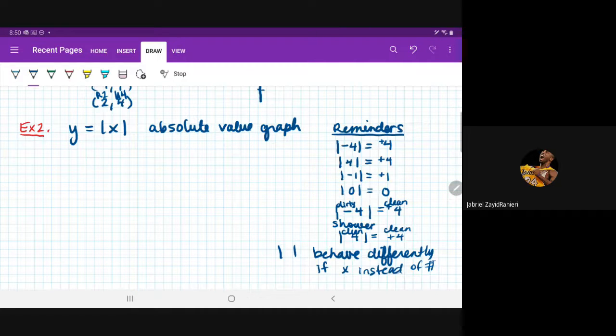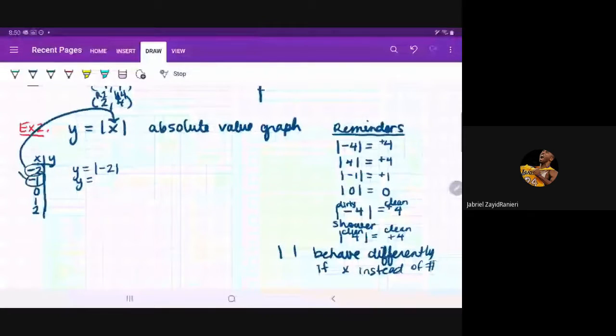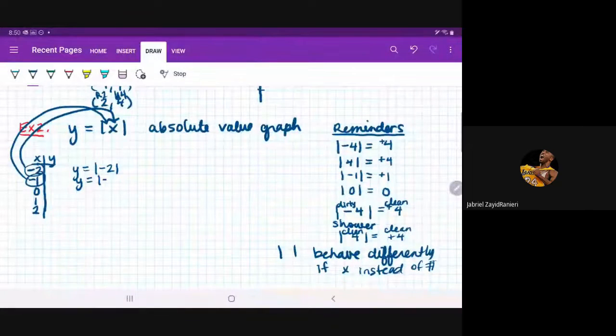Okay. So let's make a table. We're going to pick the same numbers. And we're going to put this number inside the absolute value bars. Then you're going to put this number inside the absolute value bars.